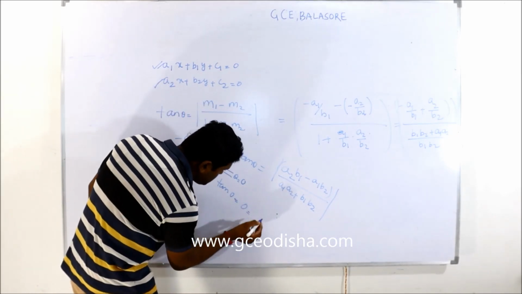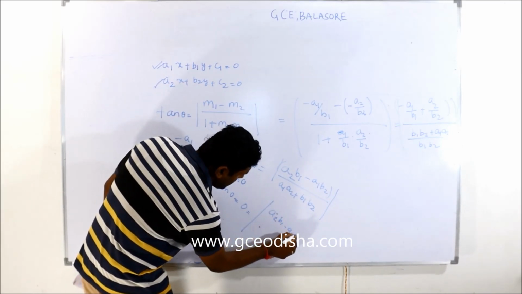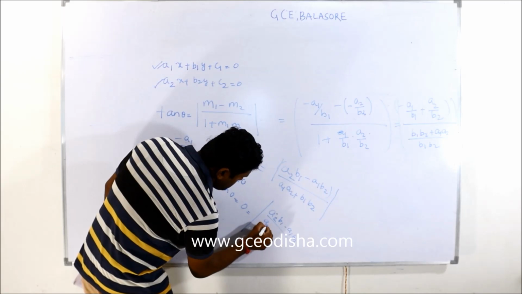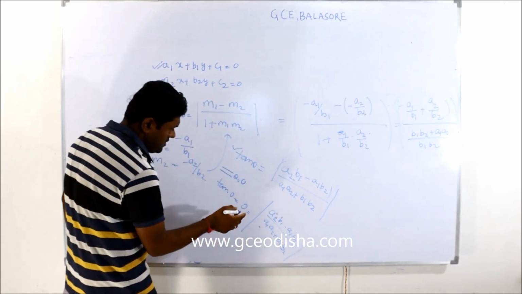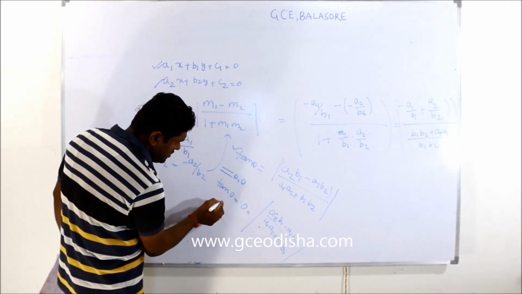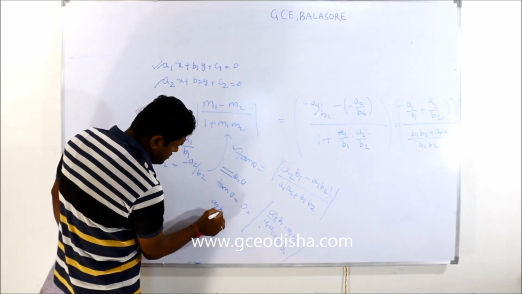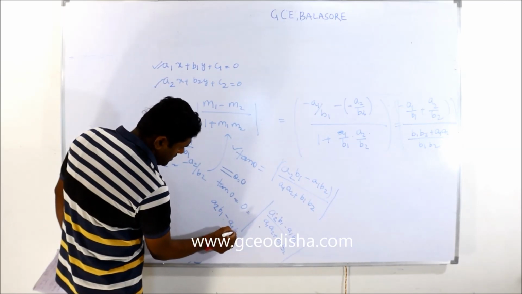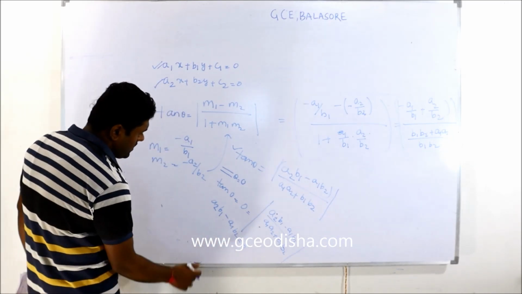Then when this is 0 and you put a2 b1 minus a1 b2 divided by a1 a2 plus b1 b2, this side 0 multiplied by this is 0, then a2 b1 minus a1 b2 is equal to 0.